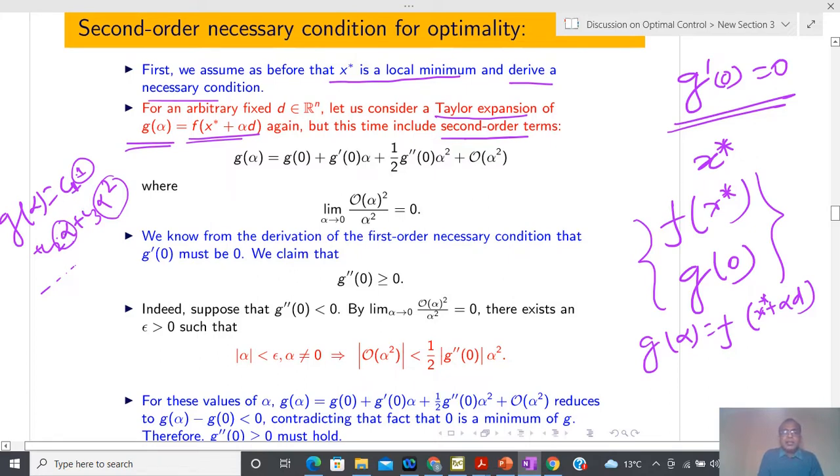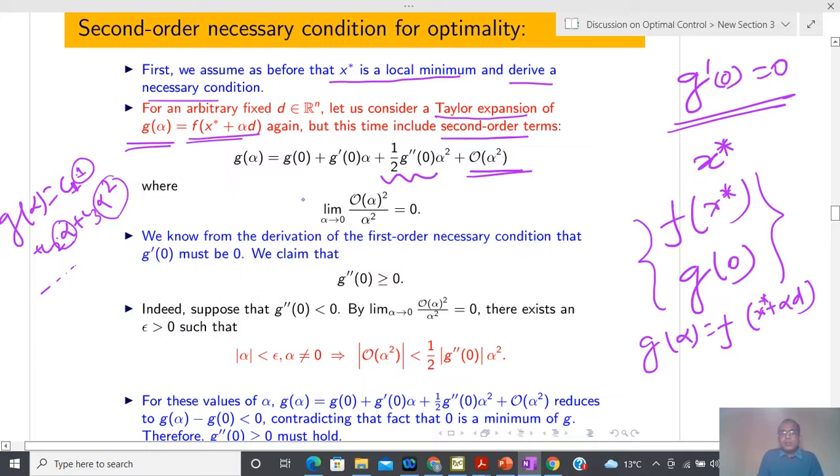To calculate them, I use the assumption that g alpha is infinitely many times differentiable. Here I concentrate only up to the second order term, so I assume at least two times differentiable, and that whatever higher order terms there are, they are less dominant than this particular term.